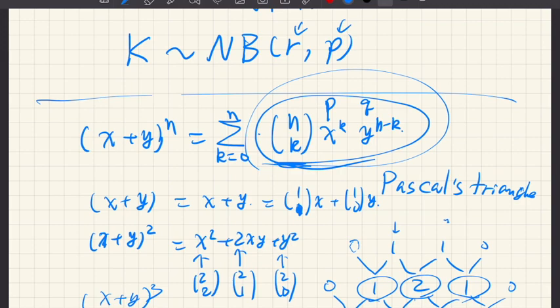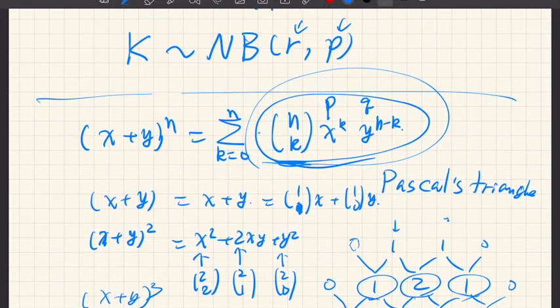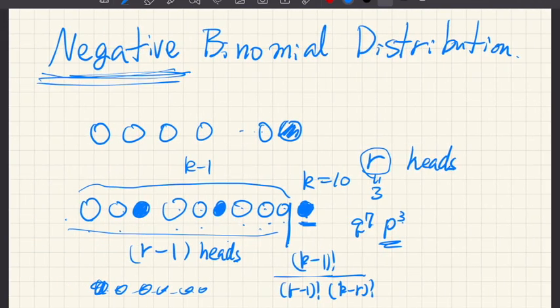So in the case of negative binomial distribution, what's the difference? To consider this, try to expand this function.